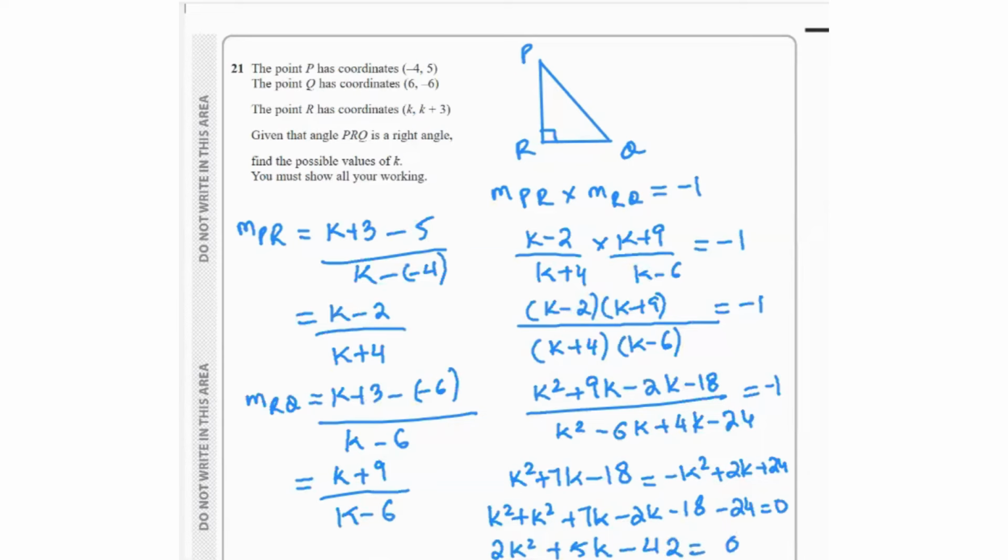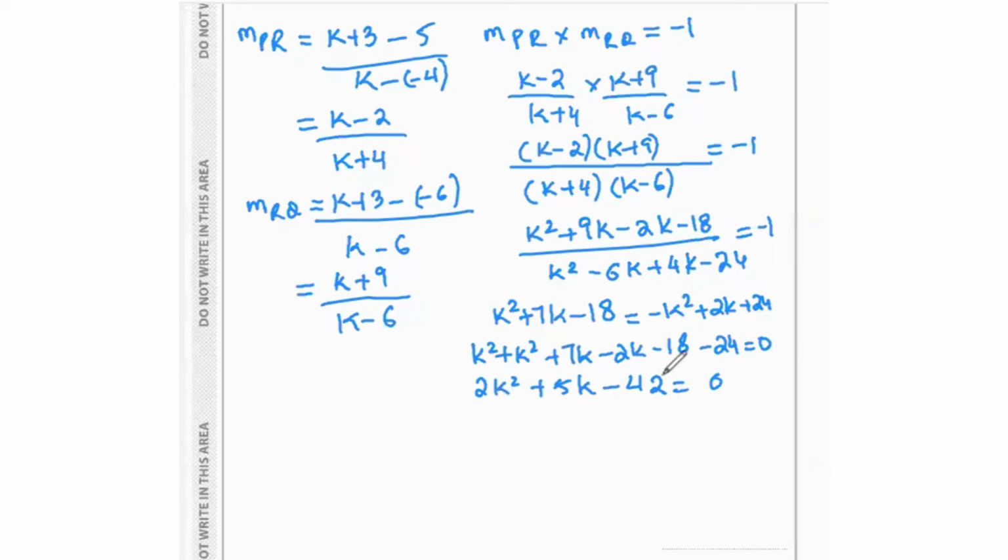Now we'll solve this quadratic equation to find the value of K. So 2 times 42 is 84. Factors of 84 are 12 and 7 in this case, because 12 minus 7 is going to give us 5. We can even use the quadratic formula, whichever we're comfortable with.